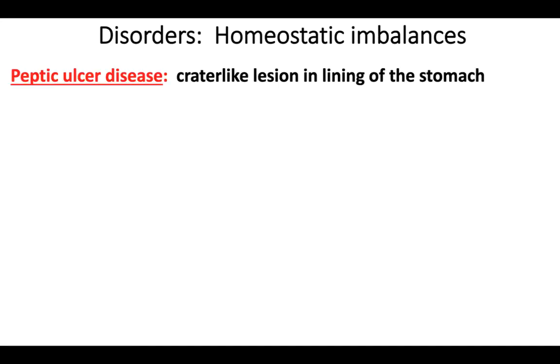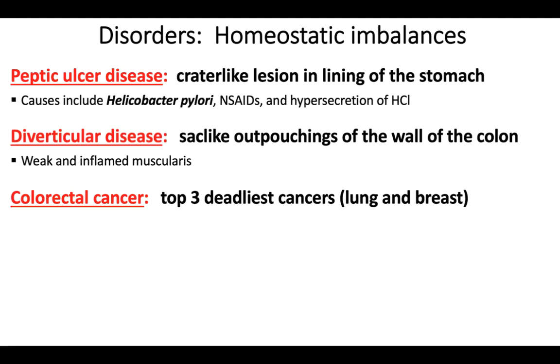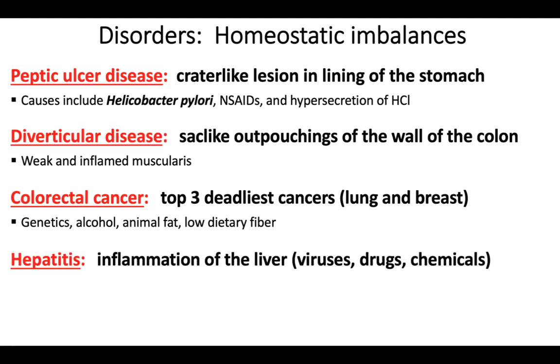Finally, a few of the disorders. There's a lot of disorders with the digestive system. These are just some of them. Ulcers. Ulcers are basically lesions in the lining of the stomach. The acid will get in there and you can cause pain. There's a major cause that they identified years ago, a bacterium called Helicobacter pylori.